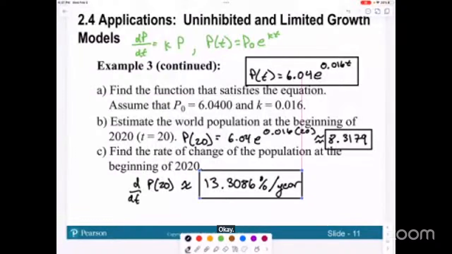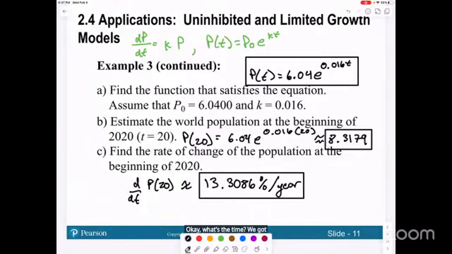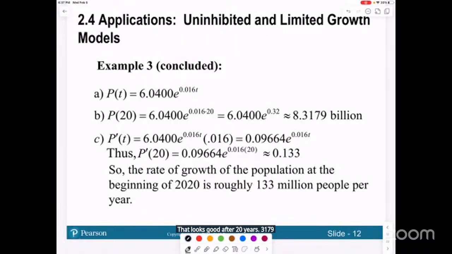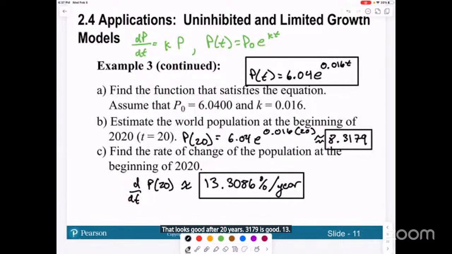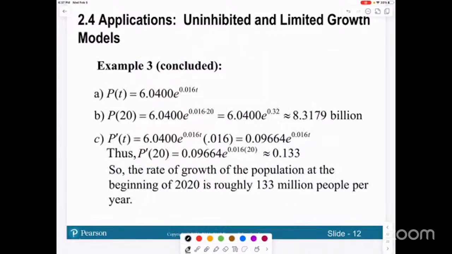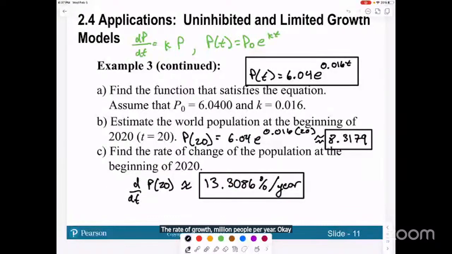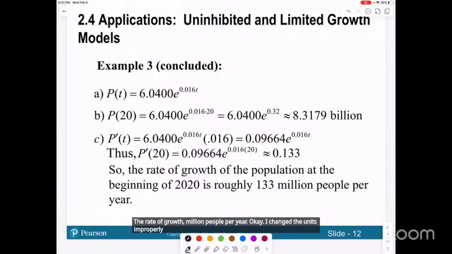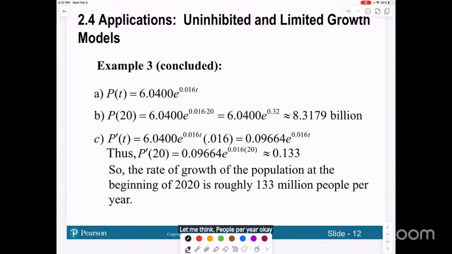Okay, let's see how we do. What's the time? We've got plenty of time. Let me not get too overzealous. I think we're good on the first one. That looks good. After 20 years, 8.793179 is good. The rate of growth, million people per year. Okay, so I changed the units improperly. 0.133 is good. People per year. So I don't know where I got percent.